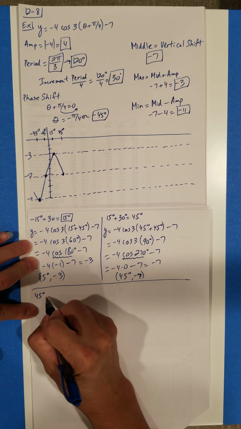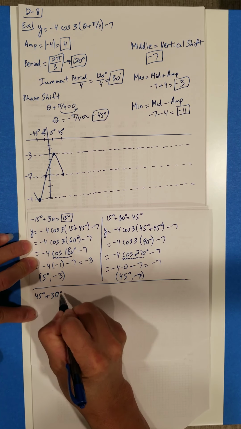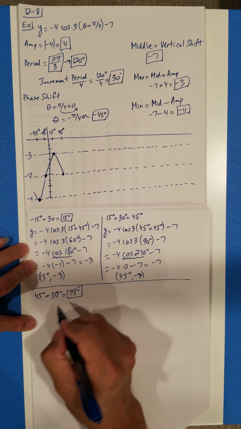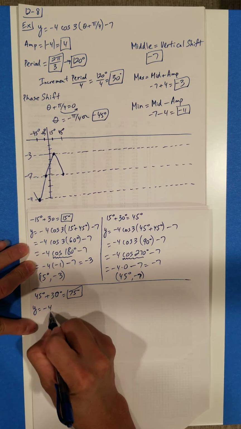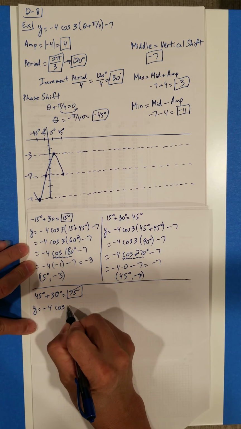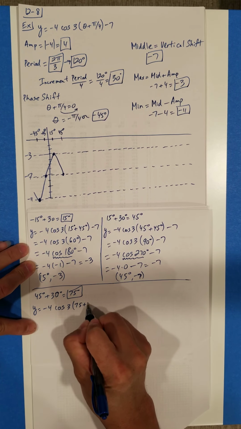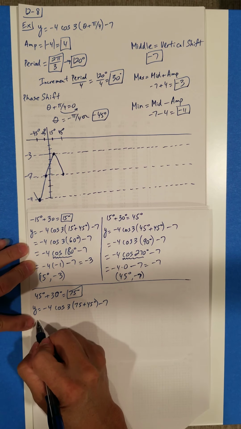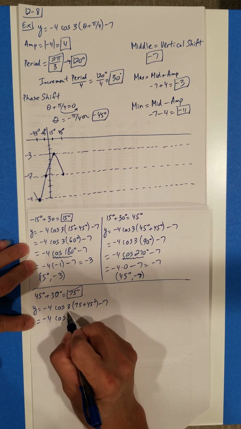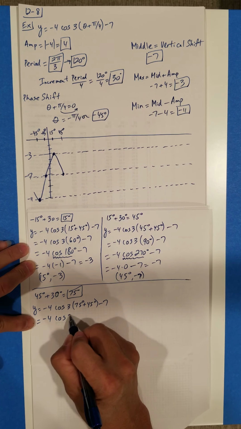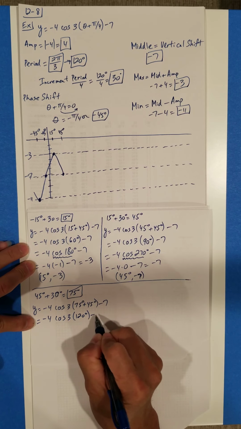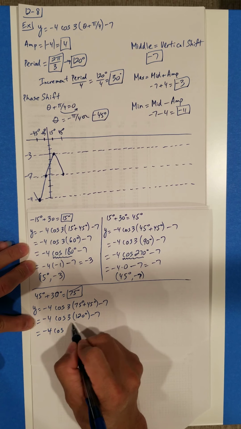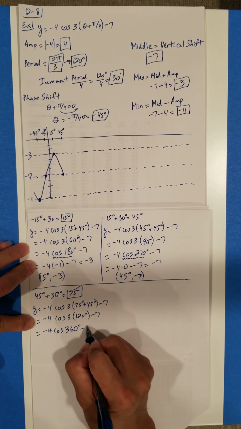45 degrees. Add the increment 30, 75. So I'm going to use this angle next. Y equals -4 cosine 3 times (75 plus 45) minus 7. -4 cosine 3 times 120, 360, minus 7.